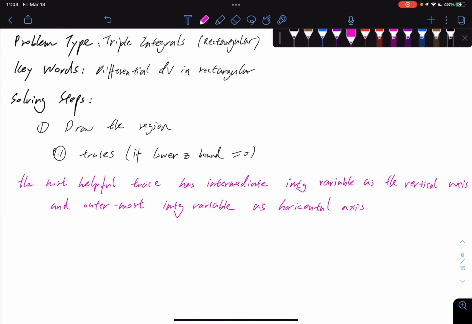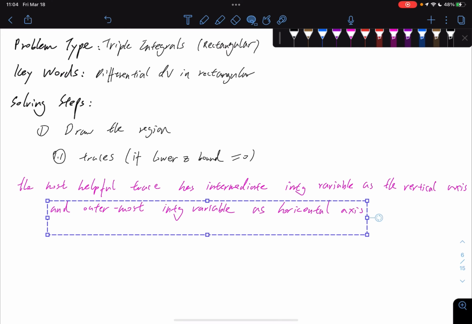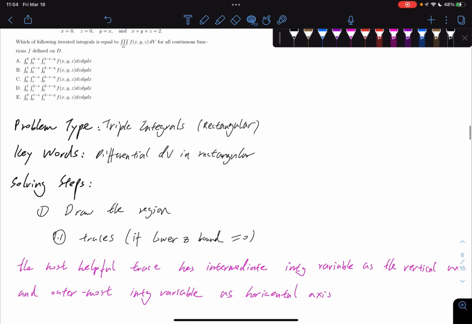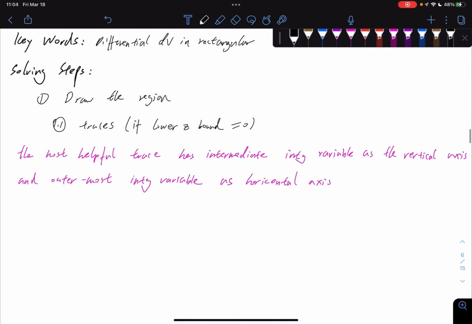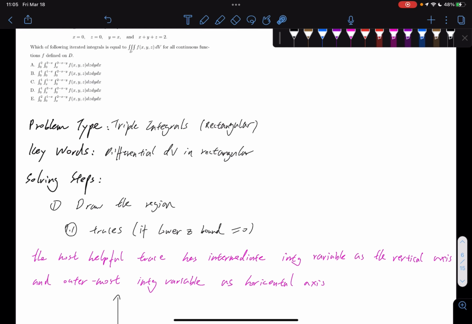All right, so now what does this mean? Let's put this sentence to practice in our question. Let's go ahead and draw our axes. Extend that a little bit. What is the intermediate integration variable in our question? All of the integrations are dz, dy, dx.